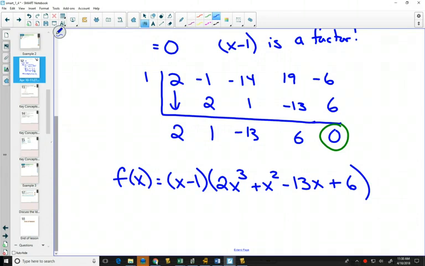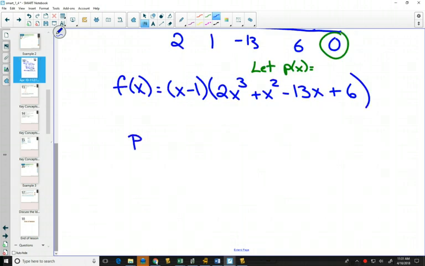And because it's an x cubed, we need to do this process again. So I'm going to let p of x equal this one to see if I can figure out something that will divide that. I'm going to cheat a little bit and look at the answer so we can go faster. Okay, so notation-wise, if that's p of x, I'm now going to try p of 2, which will be 2 times 8, 16, plus 8, minus 26.